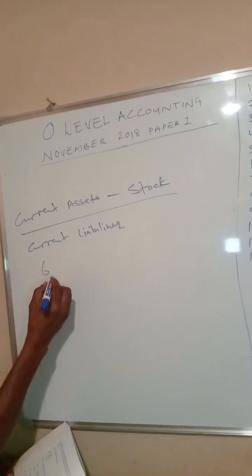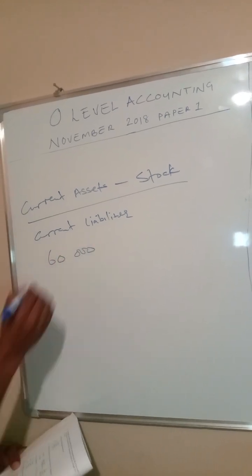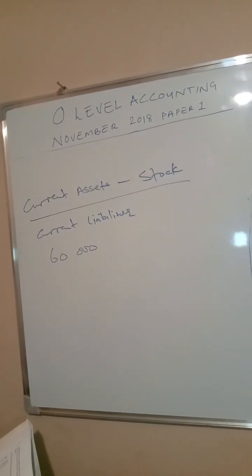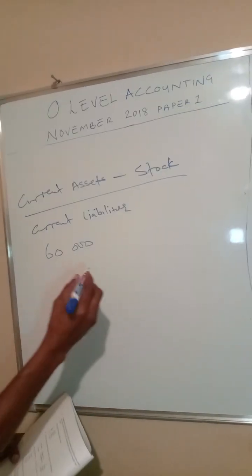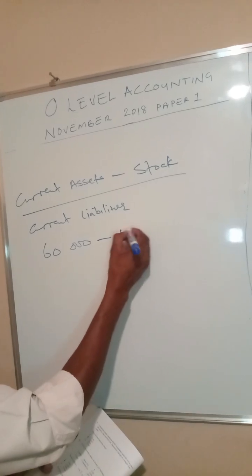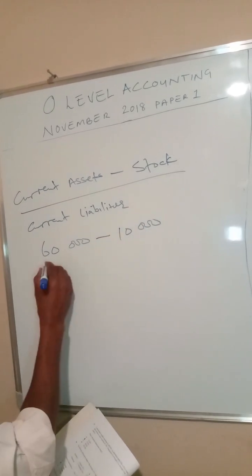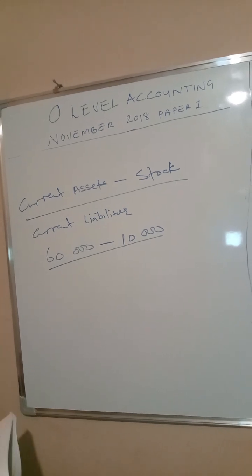Total current assets is 60,000 minus the stock. Since it is given as total, it means stock is included. So less stock of 10,000, divided by current liabilities given as 20,000.